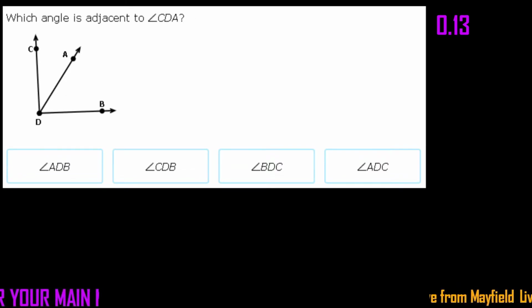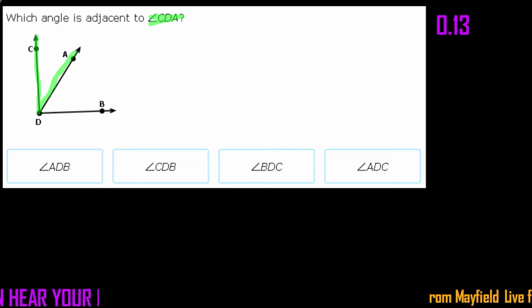So when it says which angle is adjacent to angle CDA, we're talking about it has to be next to. So let me highlight that angle CDA. Again, it has to be the points. I just label those points, I go C, D, A. It's saying which angle is next to it.